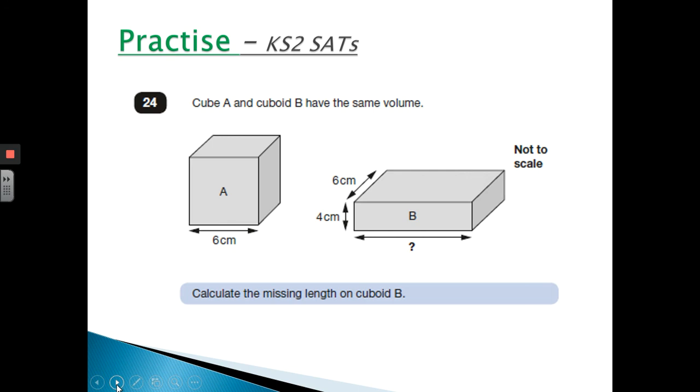So therefore, if we want to find our cuboid, we know that 6 centimeters times 4 centimeters times that question mark should also equal 216 centimeters cubed, as it says in the question. They have the same volume. So I did 6 times 4, which is 24. 24 times something is 216, or use the inverse, 216 centimeters cubed divided by 24, which would be 9 centimeters. Okay, as the missing length.